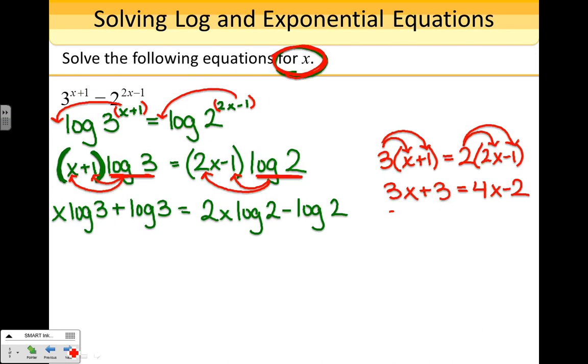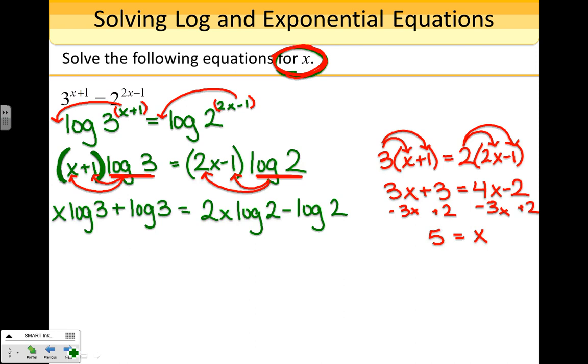Well, you would want to get all the x's on one side, and you would want to get all of the other numbers on the other side. So I'd have 5 equals x. So we want to do the same thing over here. We want to get all of our x's together on one side and everything that does not have an x together on the other side.